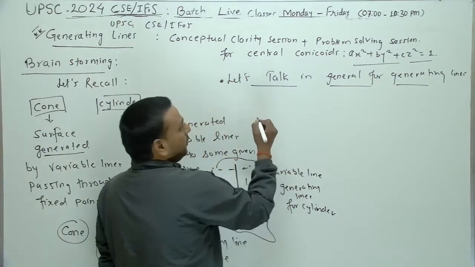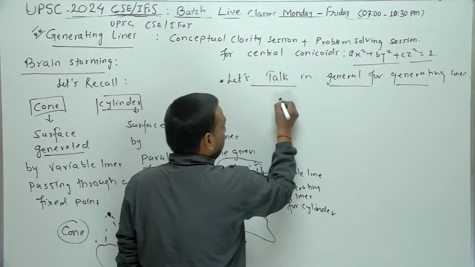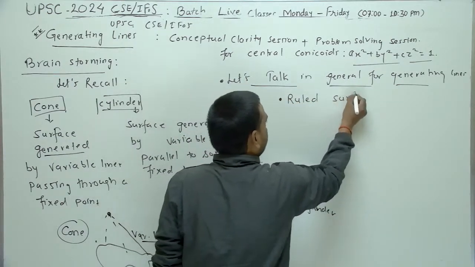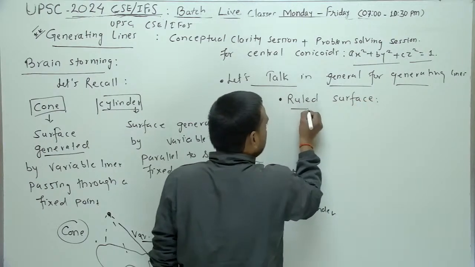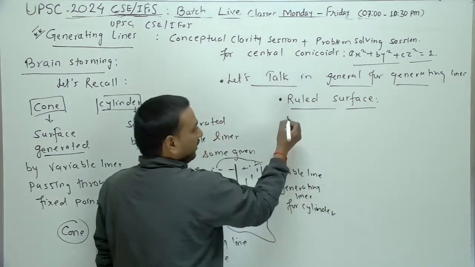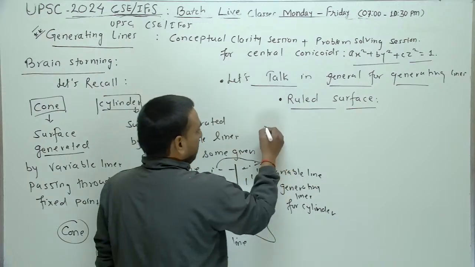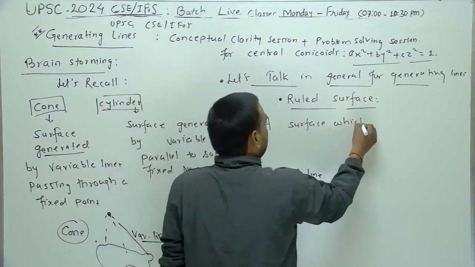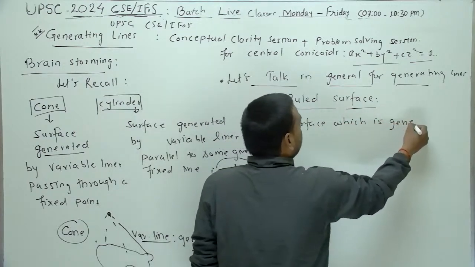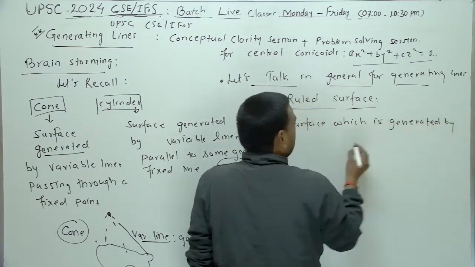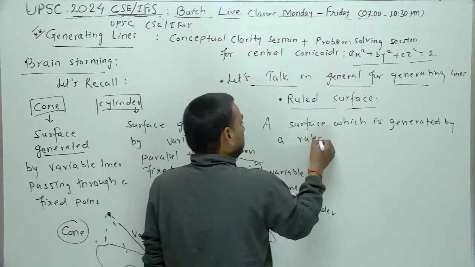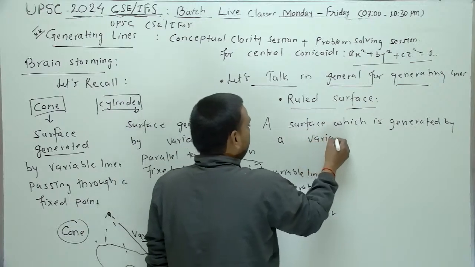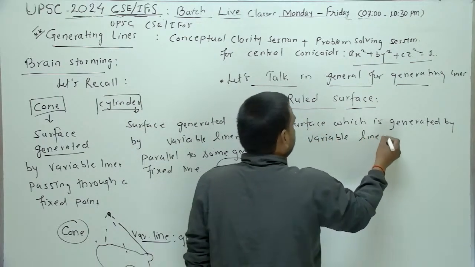चलिए सो अभी देखिएगा, we may have a word that is called ruled surface. ठीक, ध्यान से सुनिएगा. We have a term ruled surface. So what is a ruled surface? A surface which is generated by a variable straight line.